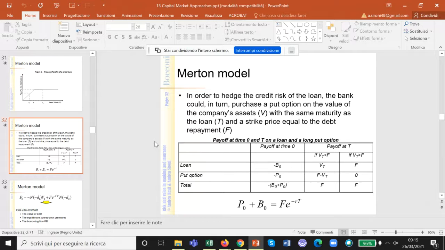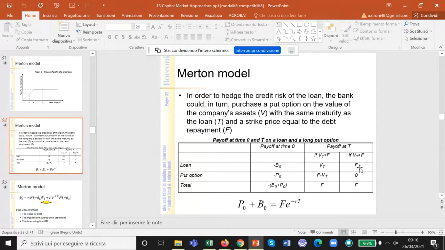What happens to the lenders at maturity? At time 0, they lend money, which is the present value of the bond, and we have a cash outflow, which is B0. We are the bond investors. At maturity, it very much depends whether the company is still alive, i.e. the value of the assets is larger than the face value of debt.